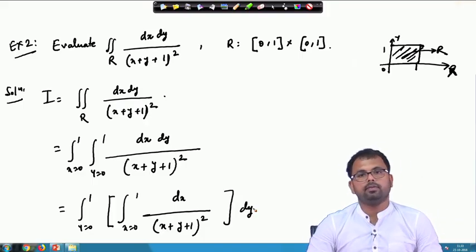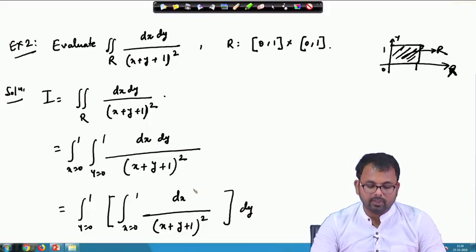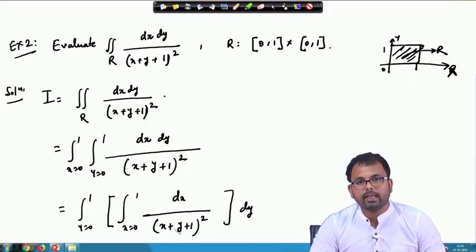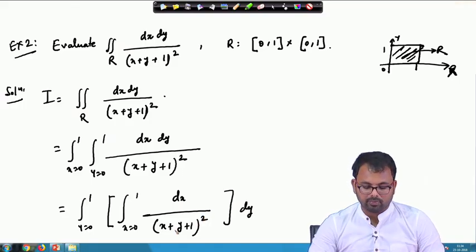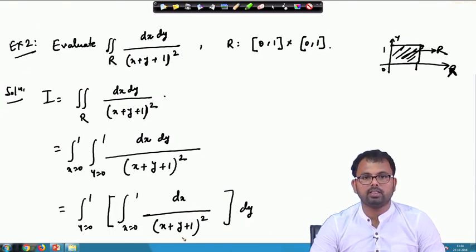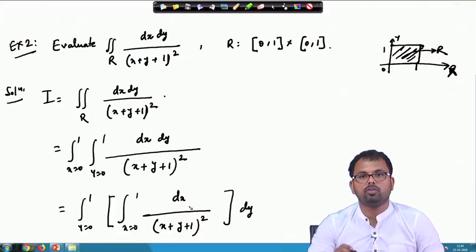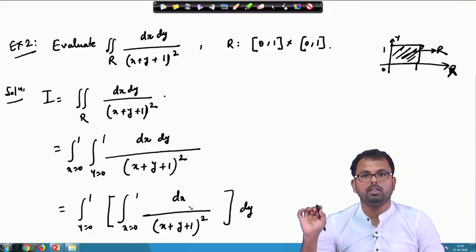Now, as we have told several times, when we integrate with respect to x, we treat the variable y as constant. So, here this y plus 1 is basically a constant, and this integral from 0 to 1 of dx by (x plus constant) square is nothing but our traditional dx by x square integral.